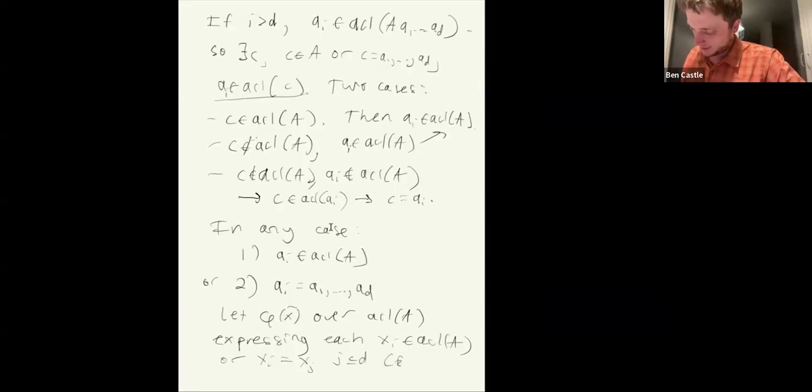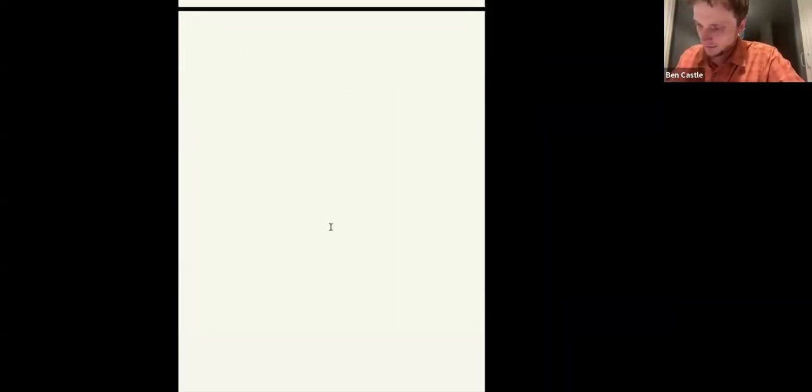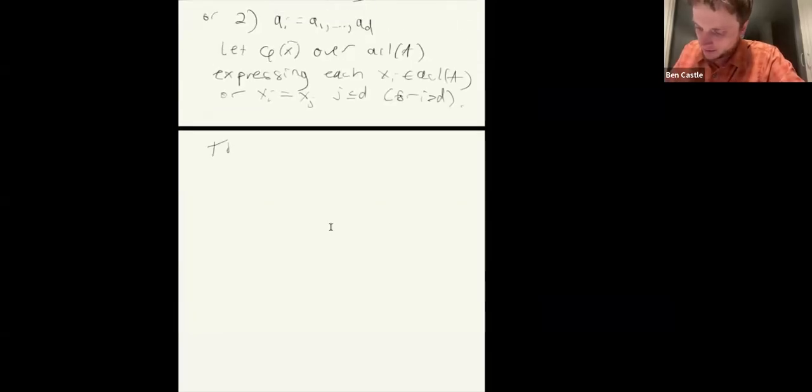In other words, all of these facts that are true of the tuple A, where each of the coordinates is equal to a particular point, just write that down in a formula, and you get a formula over ACL of A. Okay? So then our point A satisfies phi.